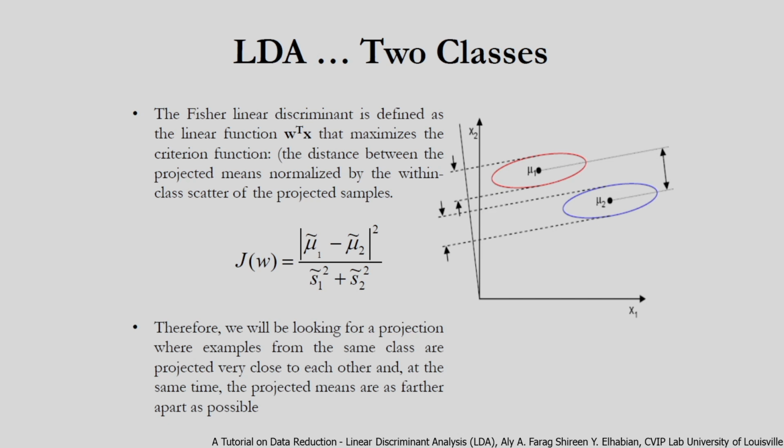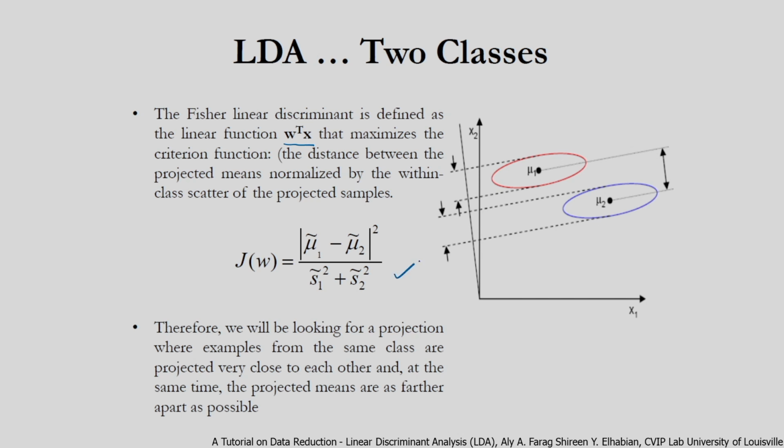So in the case of the Fisher linear discriminant, we define a linear function W transpose x that maximizes the criterion function. What is the criterion function? The distance between the projected means normalized by the within class scatter of the projected samples.